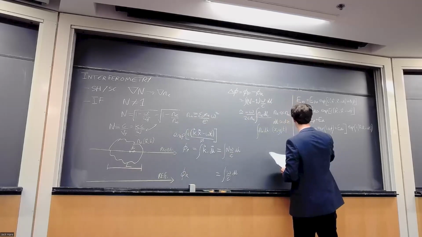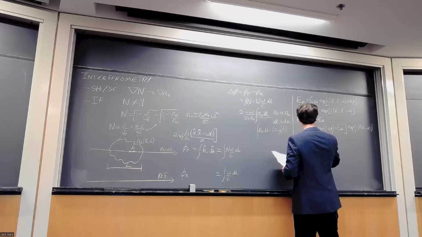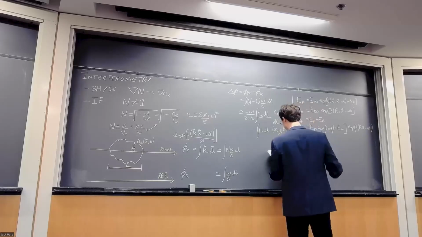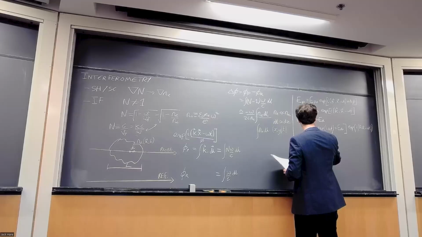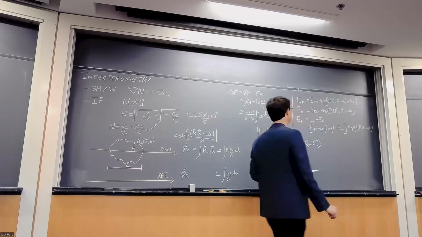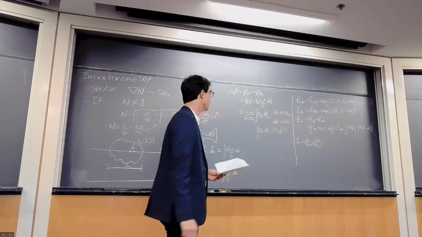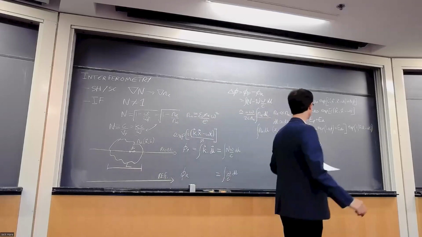And so this intensity is equal to these brackets here, which are going to indicate time averaging, and then the total electric field times the complex conjugate of the total electric field. That's going to give us a real value here, which is proportional to the square of the absolute value.